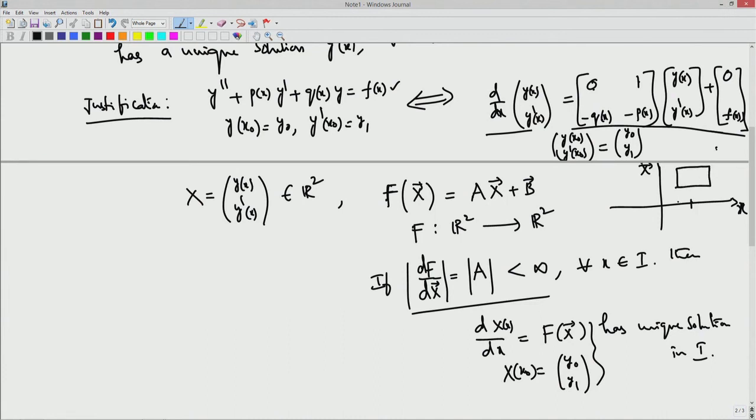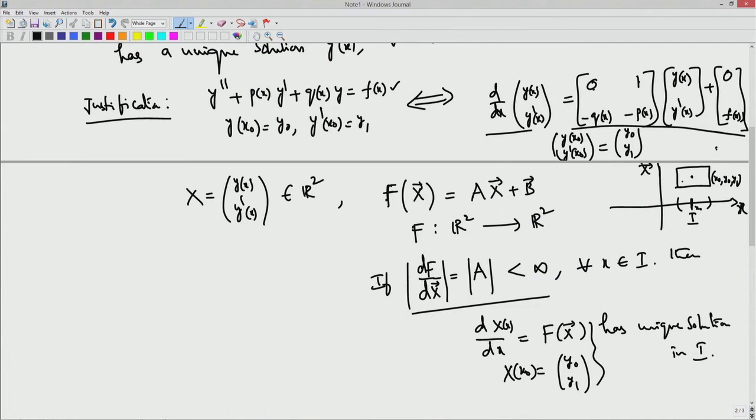So for all points in the neighborhood of x naught, let us say this is your I, x naught is here, you will have a box containing x naught and y naught, y1, whose middle point is x naught, y naught, y1, because y naught, y1 is in the set X. So in this box, if these functions are continuous, you will have a unique solution.